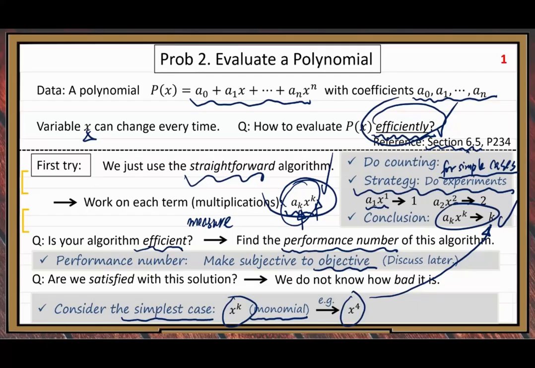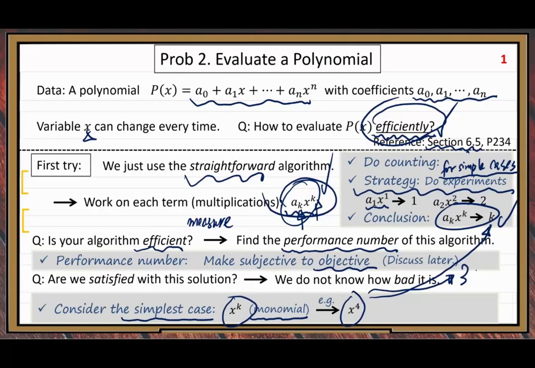When a_k is 1, you don't have that multiplication, 1 times x to the k. So you can save one multiplication. Then, to calculate this monomial, we need 3 multiplications, not 4, because we can save one multiplication on that a_k part.